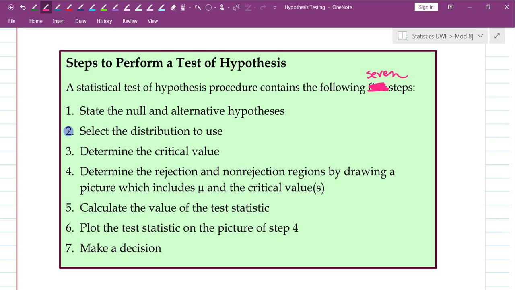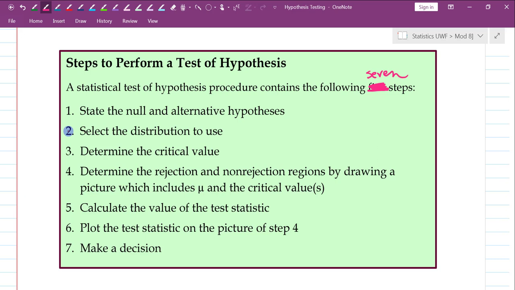If you know your population standard deviation, you're going to be using Z. If you don't know your population standard deviation and you have to use your sample standard deviation, you're going to be using T. If you are working with your proportion test, it's going to be Z. So the rules that you learned in Mod 7 for your confidence interval will apply straight forward to Mod 8 with no changes concerning how you determine which distribution to use.